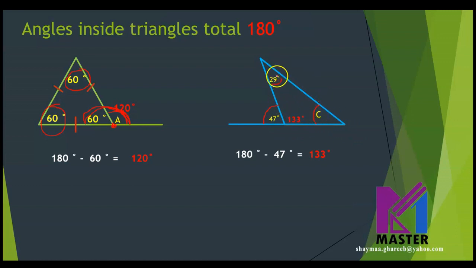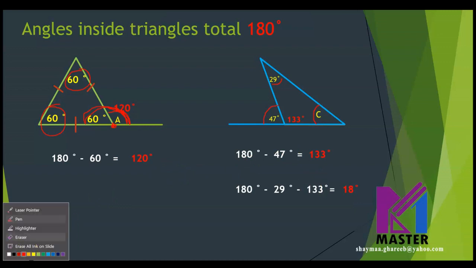Yes, I can add these two angles together, 133 plus 29, then subtract it from the 180, or I can keep subtracting 180 minus 29 minus 133, which is 18 degrees. Is this clear?